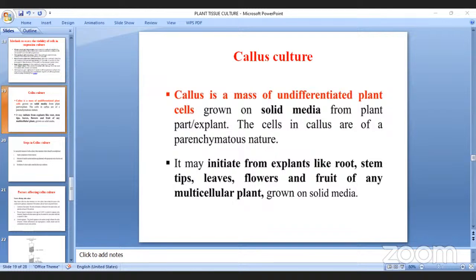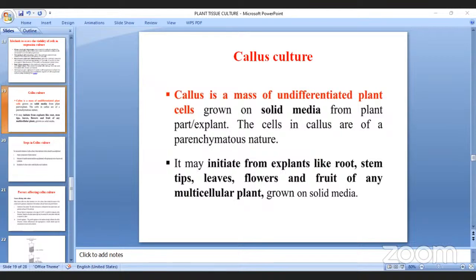This group of undifferentiated cells is called a callus, right? Here the explant may be root, stem, leaves, whatever it may be, any part of the plant can be utilized as an explant, right? So after formation of callus, we should culture the callus.